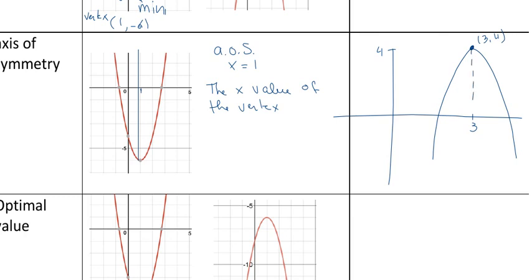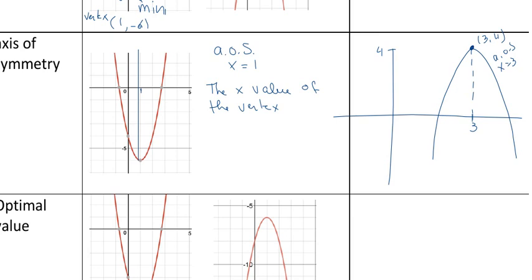So my axis of symmetry is x equals 3. Should we write that? You don't have to. If you want to, go ahead. It's an example. But I'm going to erase this to write whatever I need to write. Remember that the axis of symmetry takes the x value of the vertex.